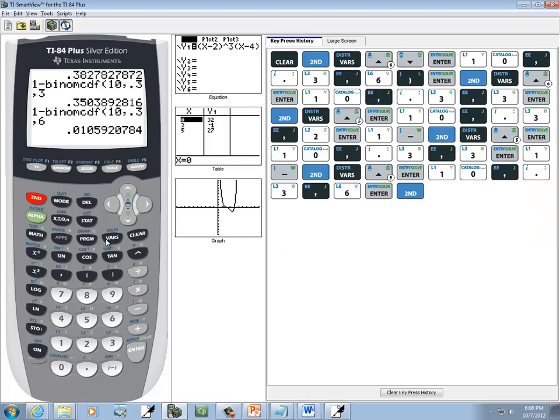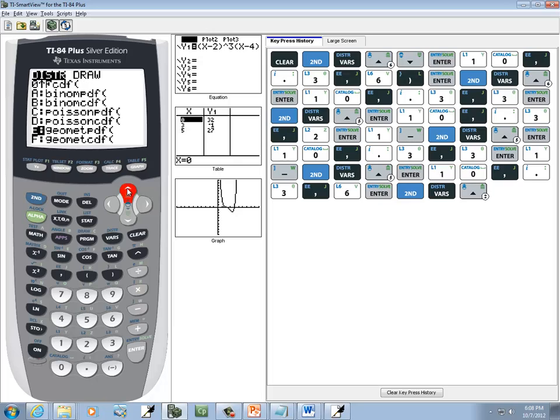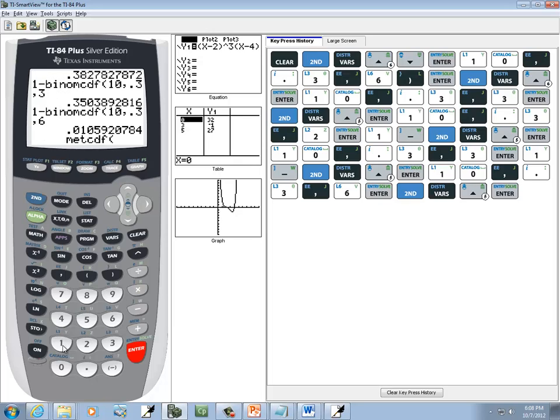So let's plug that in. Second vars, binom CDF, 10, comma, 0.3, comma, 5.